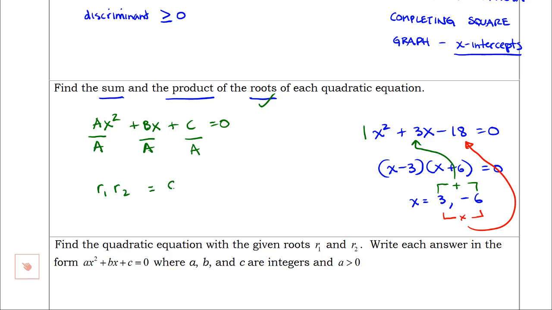C over A. And if I add R1 and R2, I should get what? The opposite of the middle term. Its coefficient.